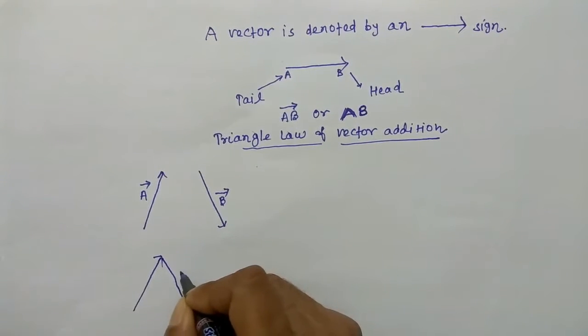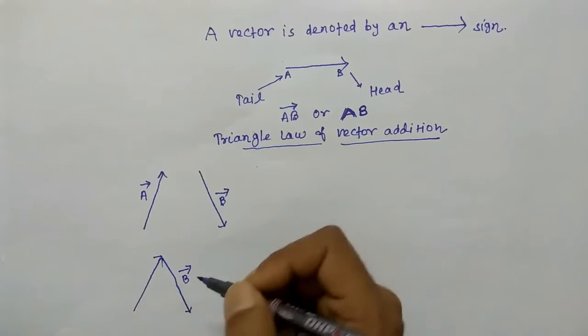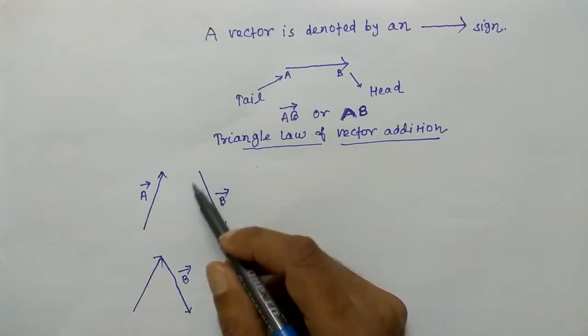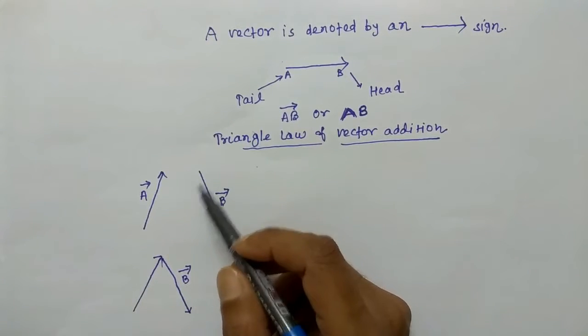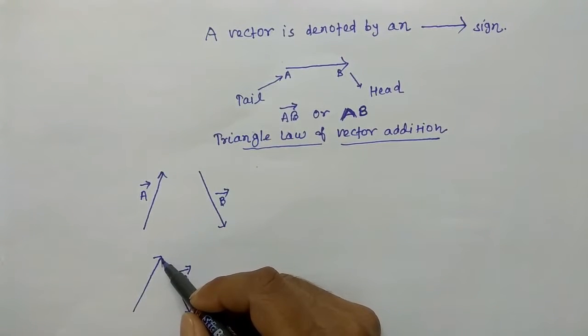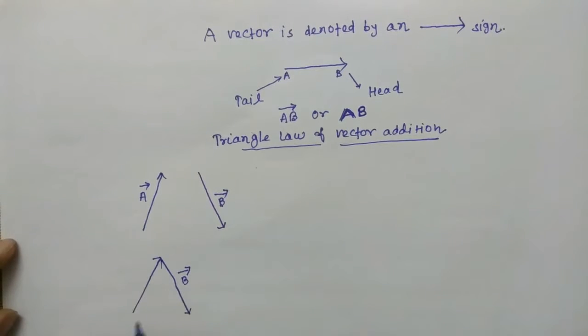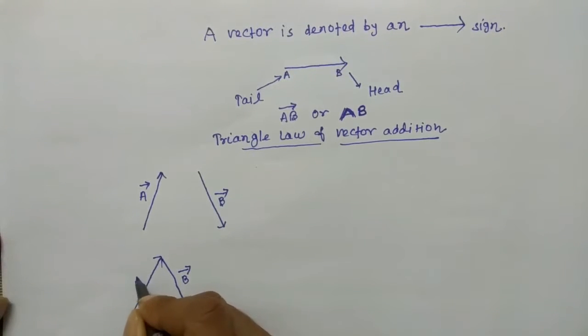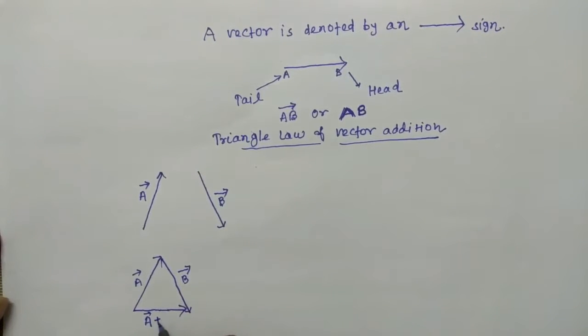Then this vector is called vector A plus vector B, or resultant vector of A and B.